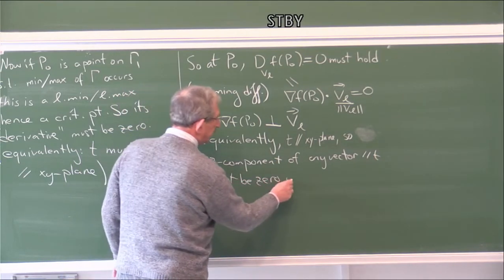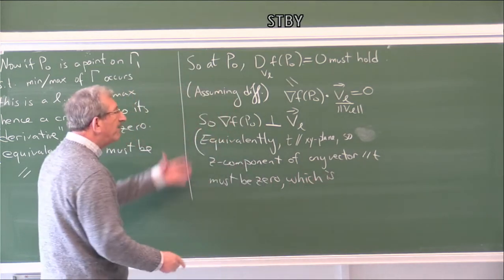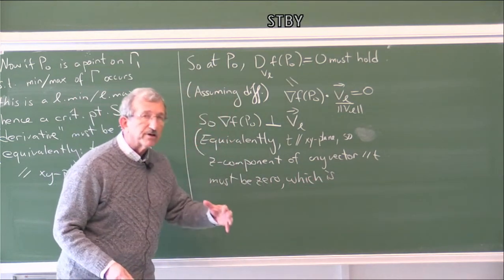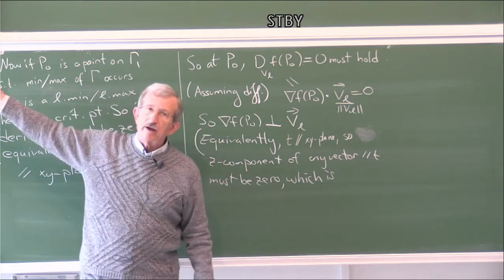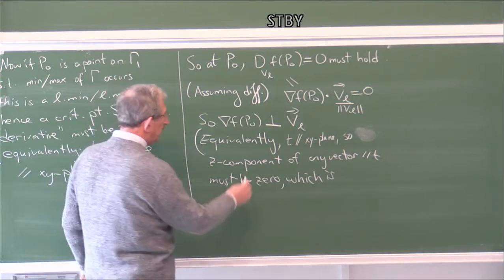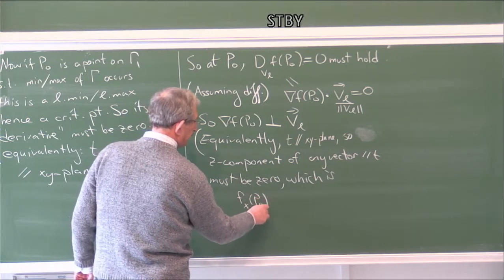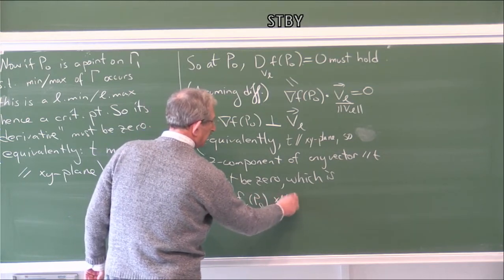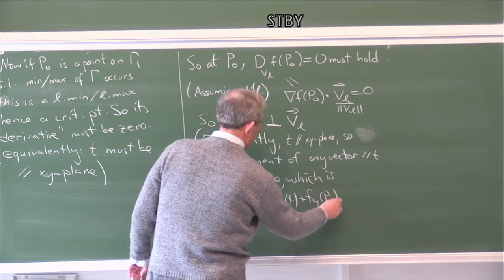We just derived one example of such a vector: x prime, y prime, and then f1, which is f sub x at p0 times x prime, plus f sub y at p0 times y prime.